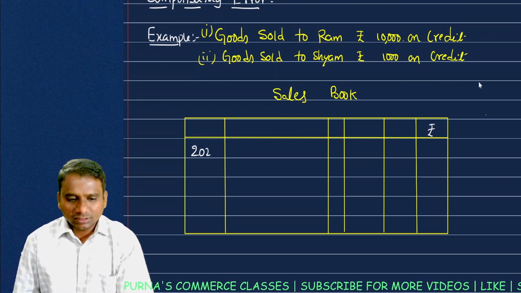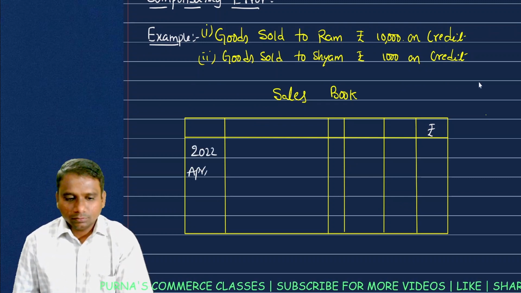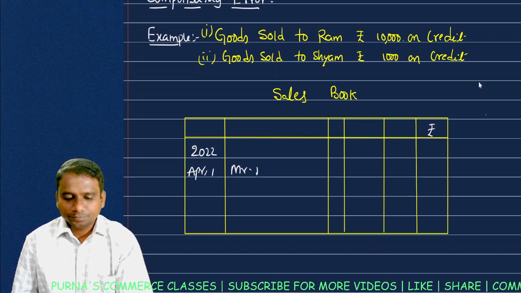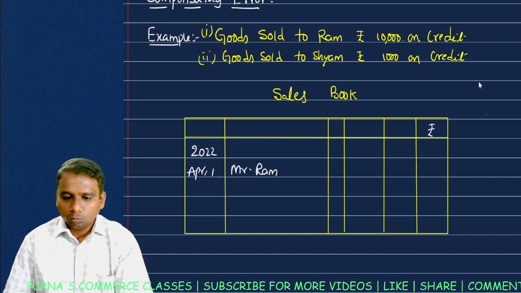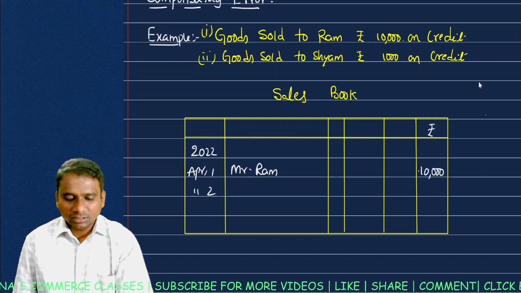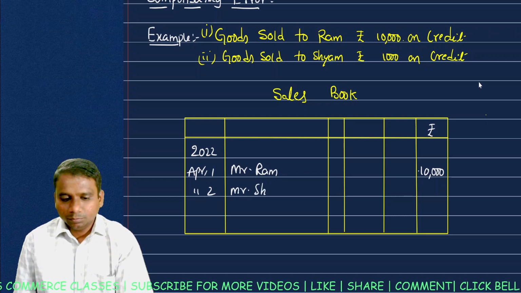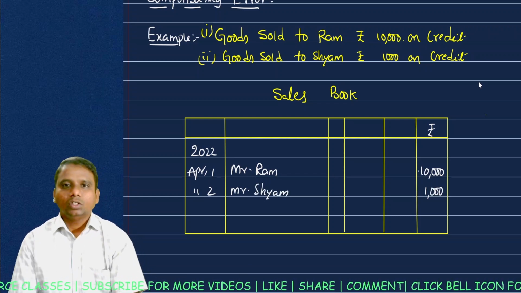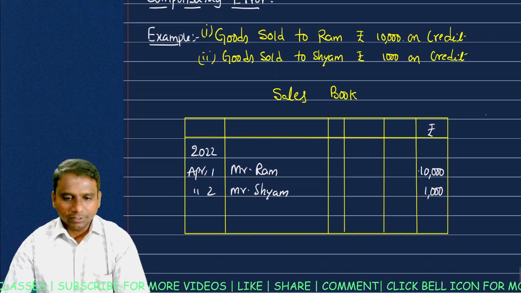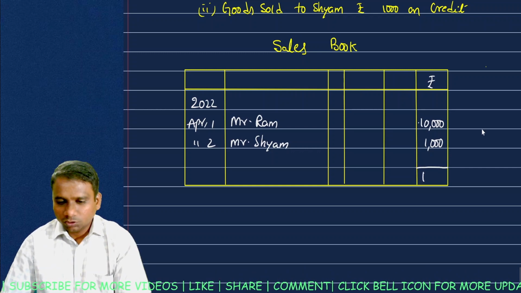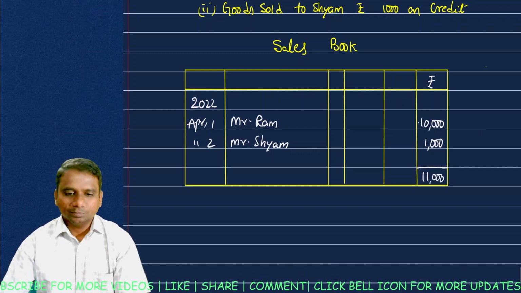Let us assume the transactions happened on April 1st. So what do we write here? Mr. Ram, how much? 10,000. And assume April 2nd, Mr. Shyam 1,000. Now, the sales book is periodically totaled. What is the total here? 11,000.